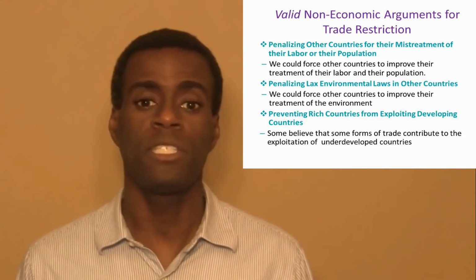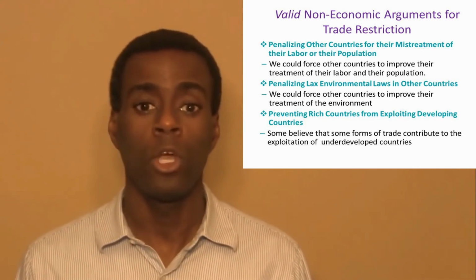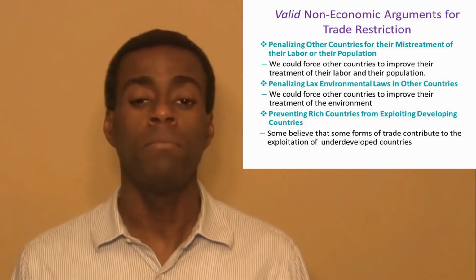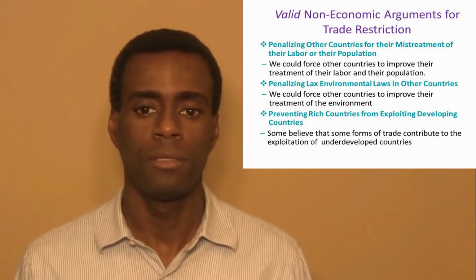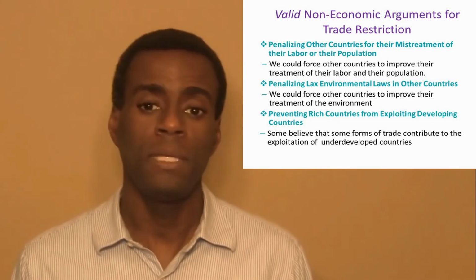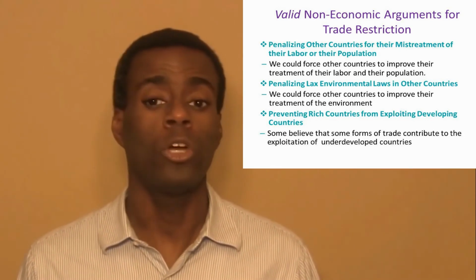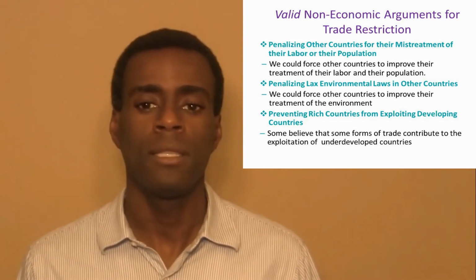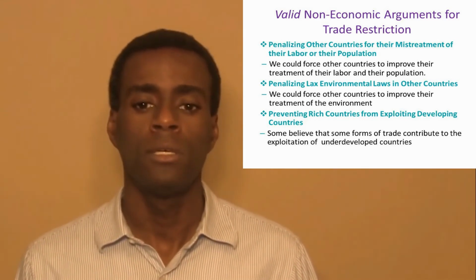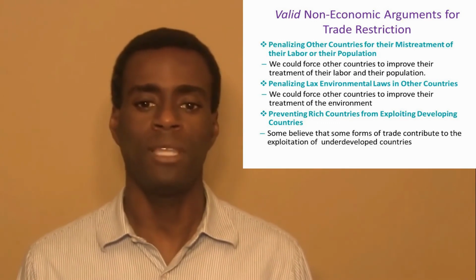For example, some have suggested that we impose tariffs on other countries that mistreat their labor or their population. This could be a valid argument. It would not help our economy, but it might make these other countries treat their population and their labor force better.